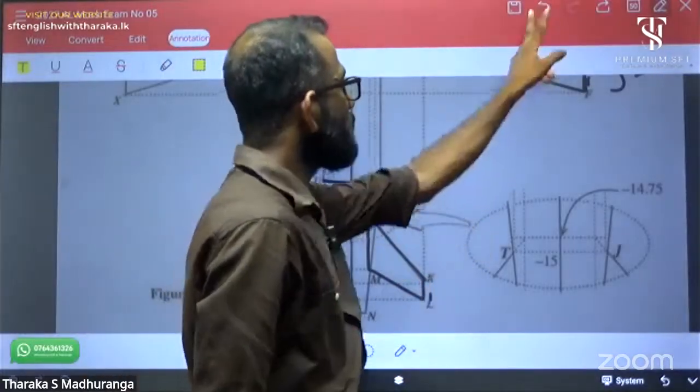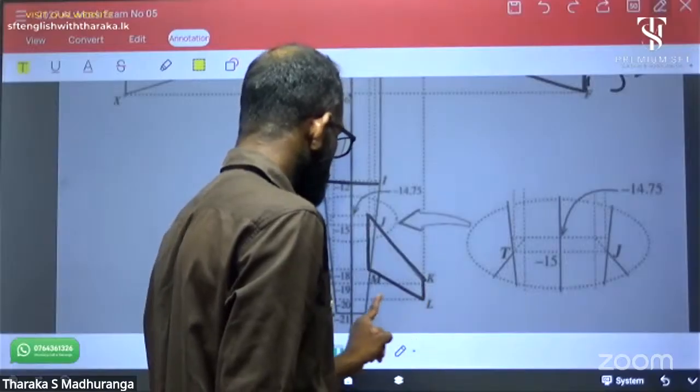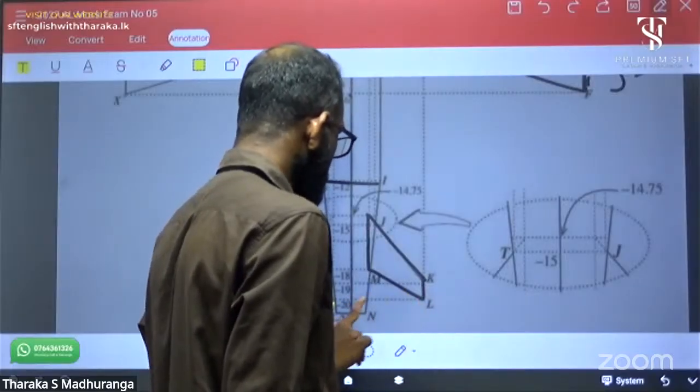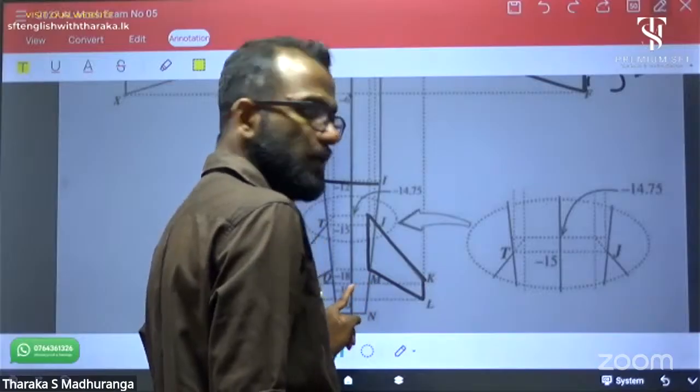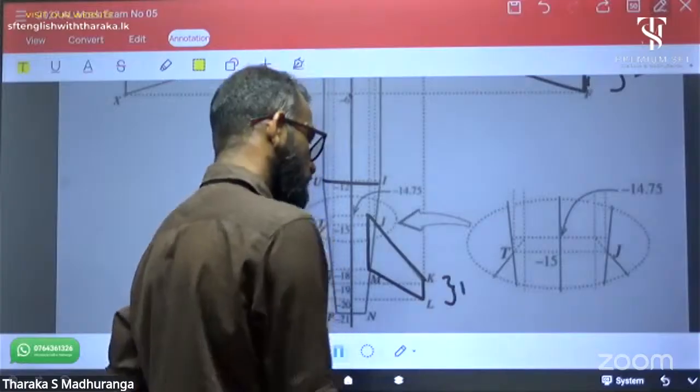The KL distance: L coordinate is 20 and K is 19, so the KL distance is 1 unit.